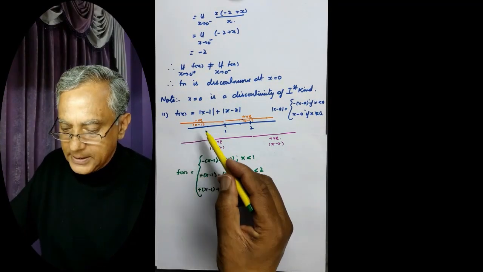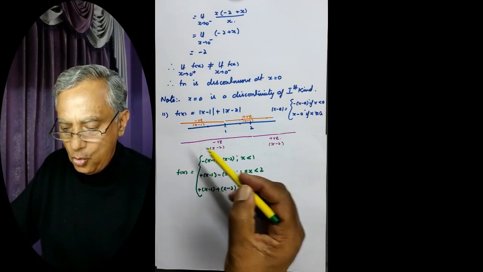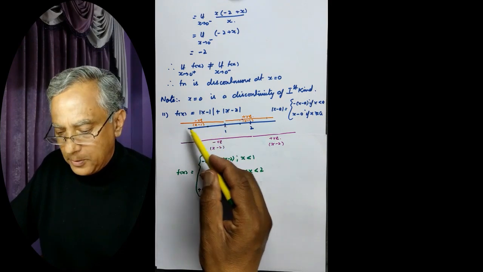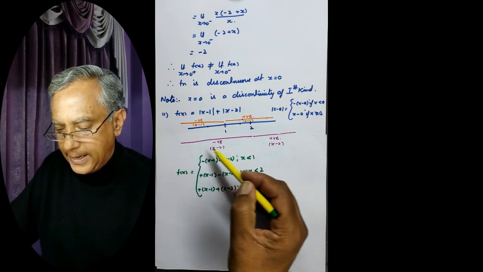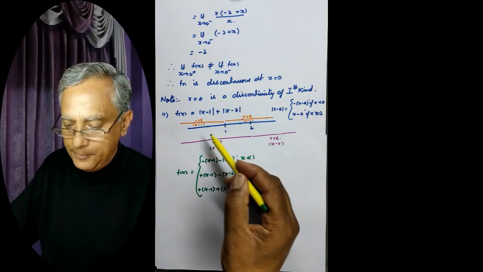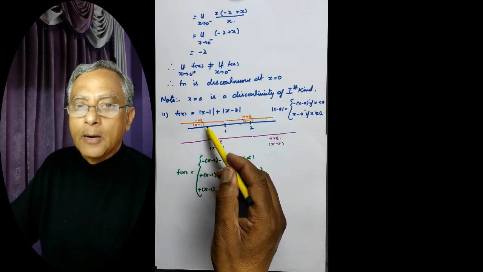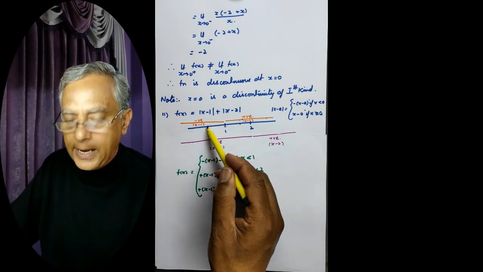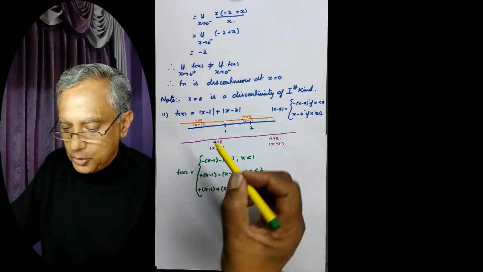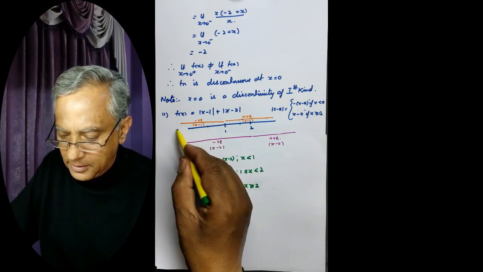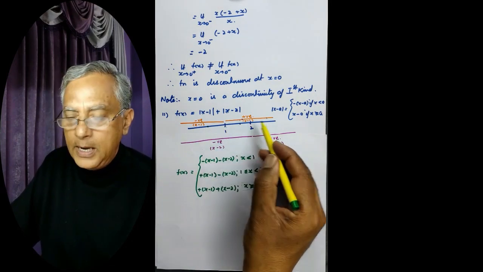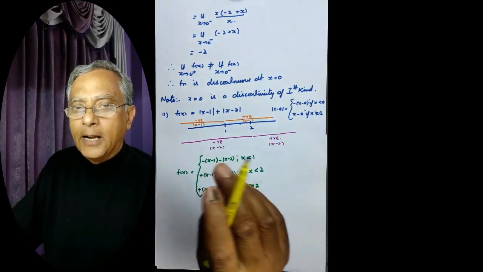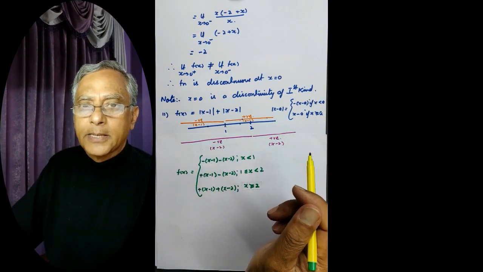So the sign of x minus 1 and x minus 2 throughout this interval will be the same as that at a single point. So instead of checking the sign throughout the interval, we will check it at a single point. You can check the sign at a single point in each interval, and it will be the same as that of x minus 1 and x minus 2.